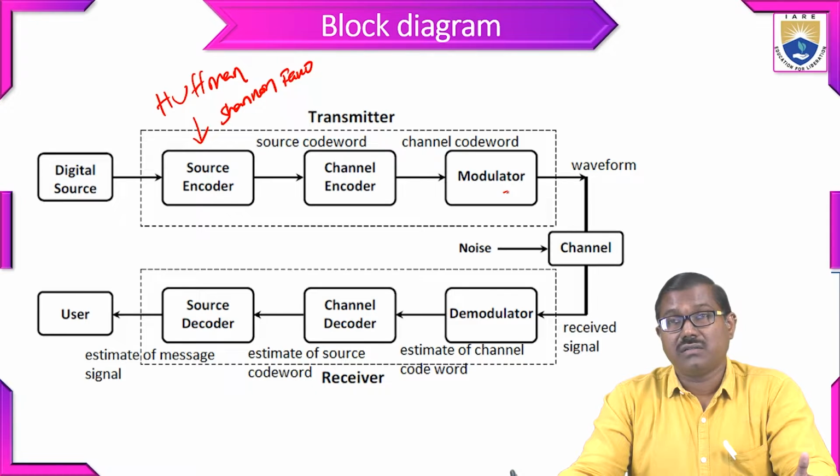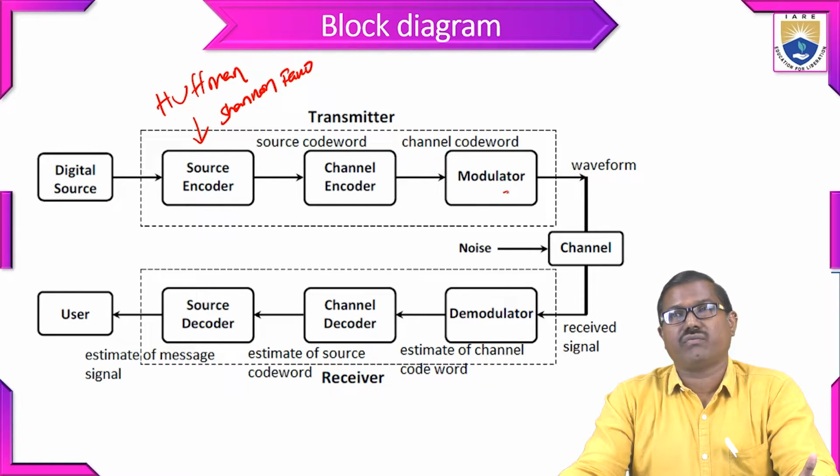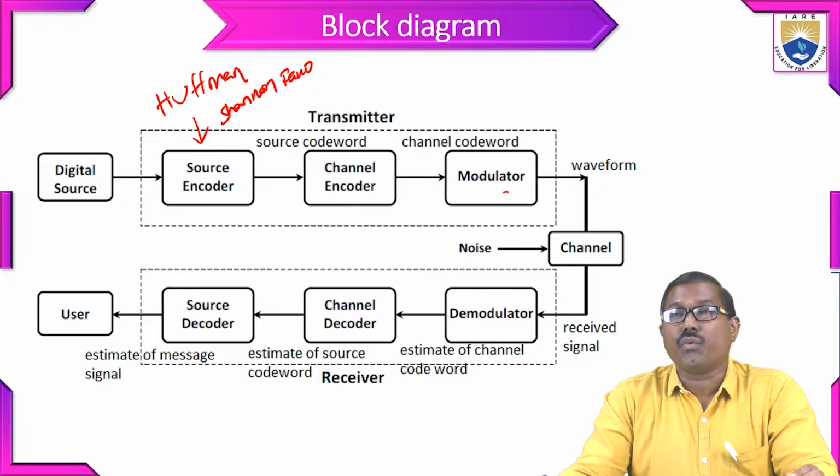We already know what modulation is. Here we vary some characteristics of the carrier signal in accordance with the instantaneous value of the message signal. That is the basic definition of modulation. By using the carrier, we change bits into a waveform.